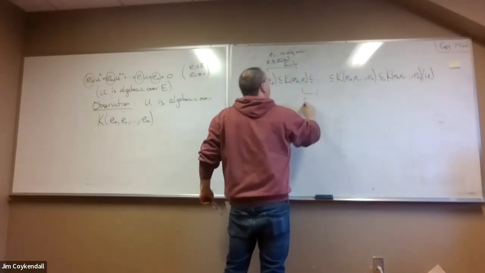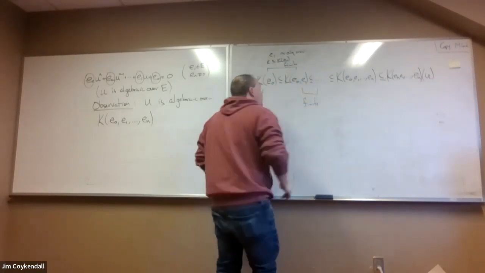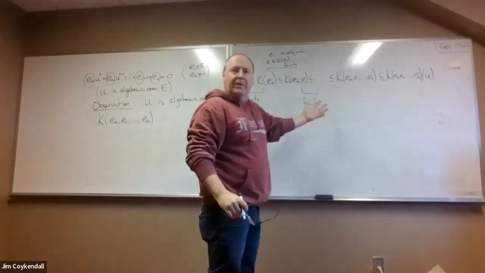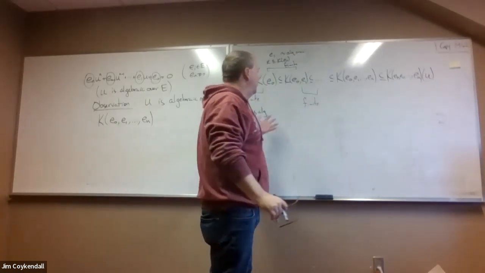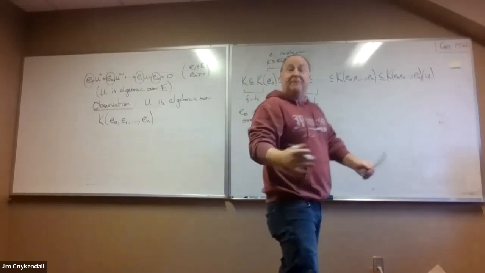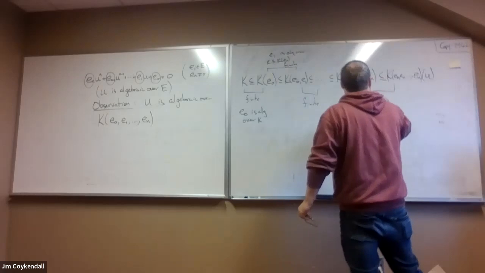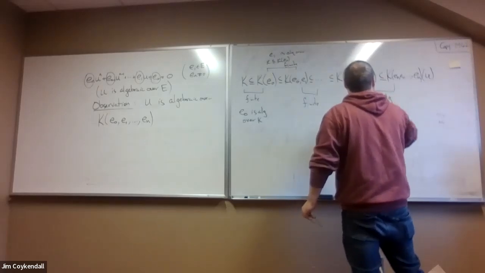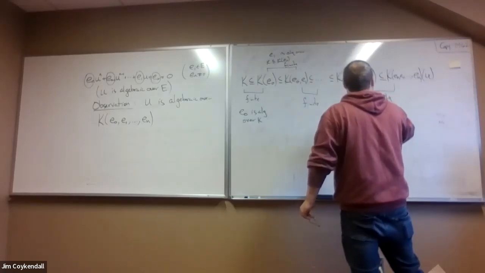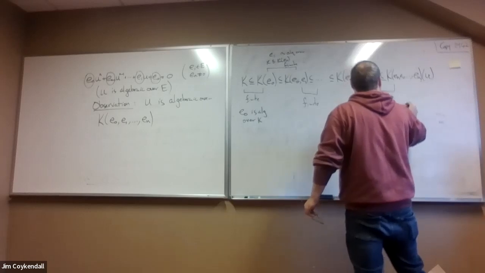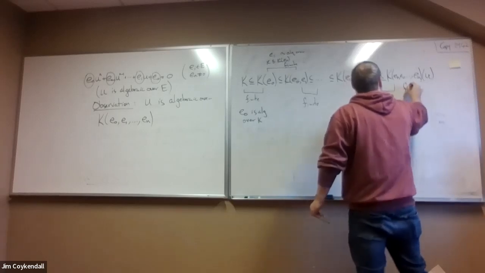And the process continues. Each one of these jumps, when you add another E, is a finite jump because they're all algebraic. And finally, when you get here, u is algebraic over K(E0, ..., En). So this is also finite.